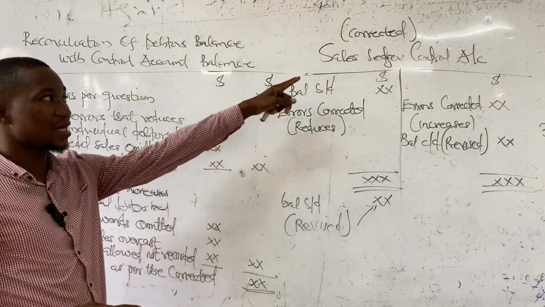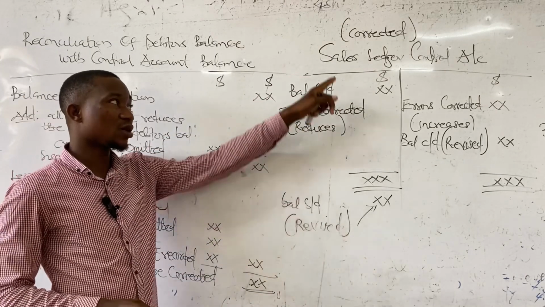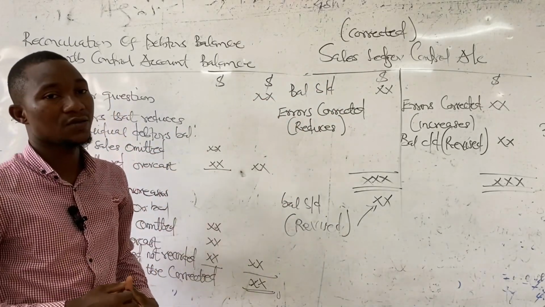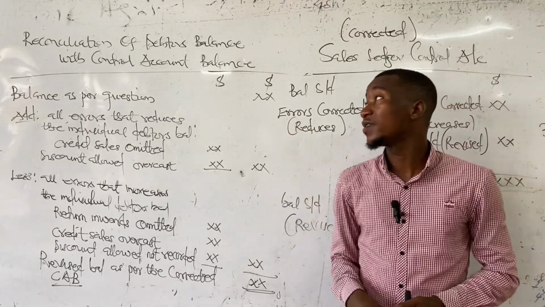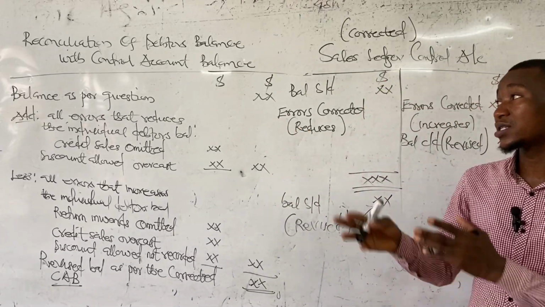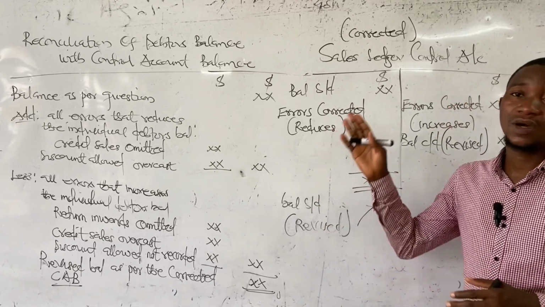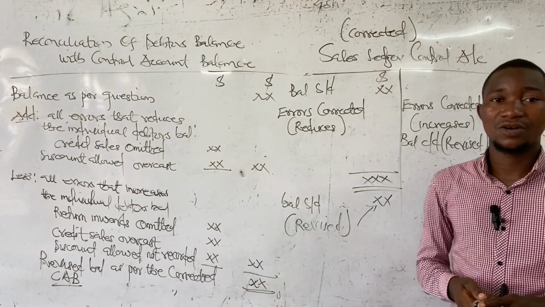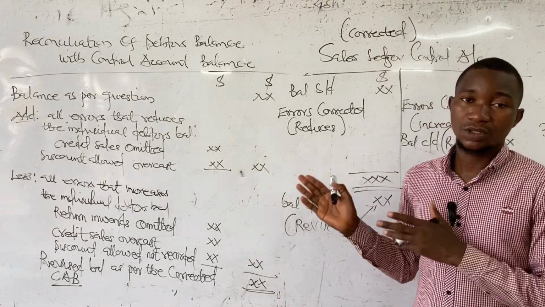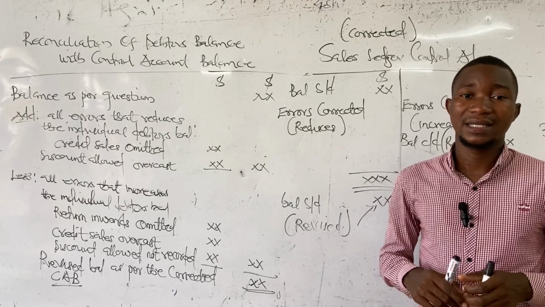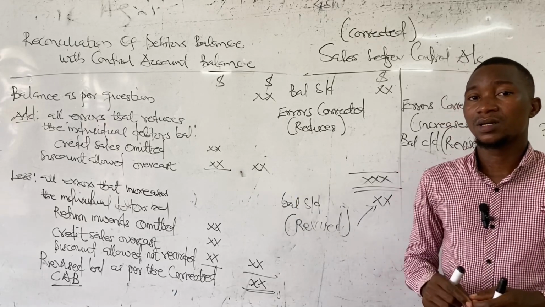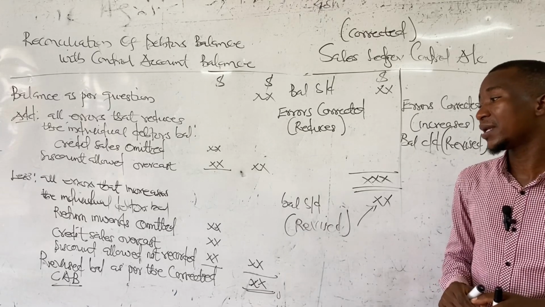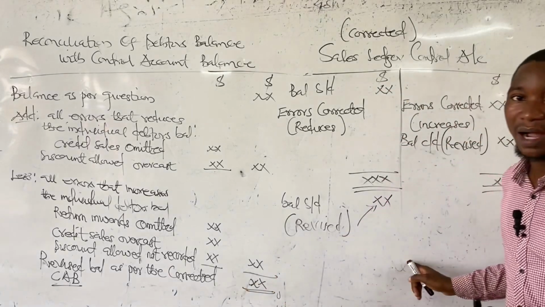So basically, this is how the format of the reconciliation of the debtors balance with control account balance and that of the corrected sales ledger control account balance looks like. So in the subsequent video, we are going to take a practice question to determine the revised balance of these two accounts.